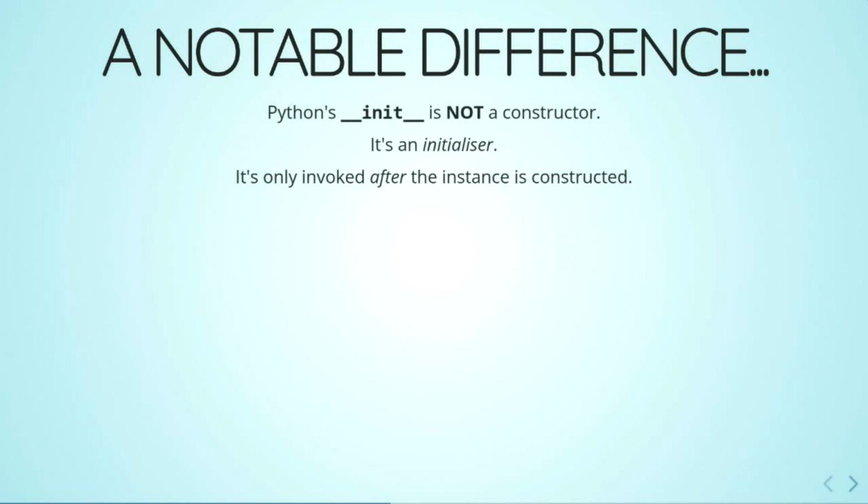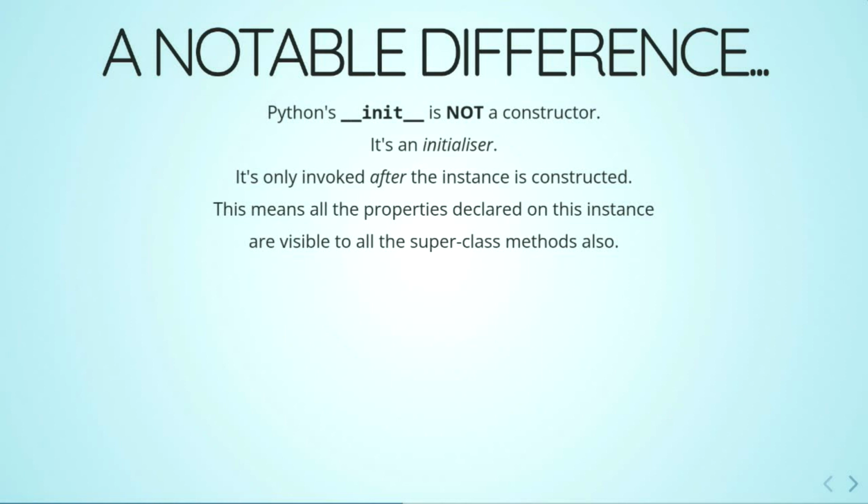By the time we get to the instance and to our initializer, all the properties are declared on this instance. All the properties have been inherited from the class, the parent class, all the way back. And all of those attributes are visible to even the superclass's methods once they're invoked via super.